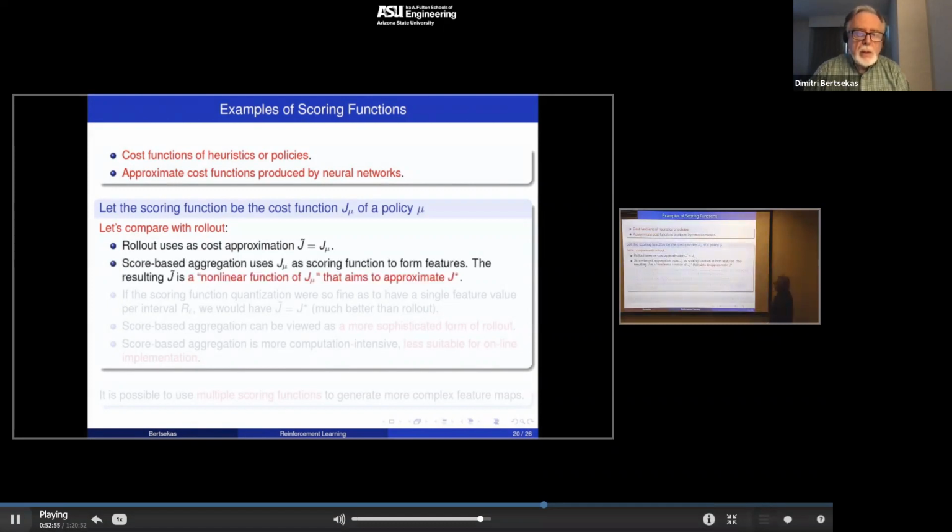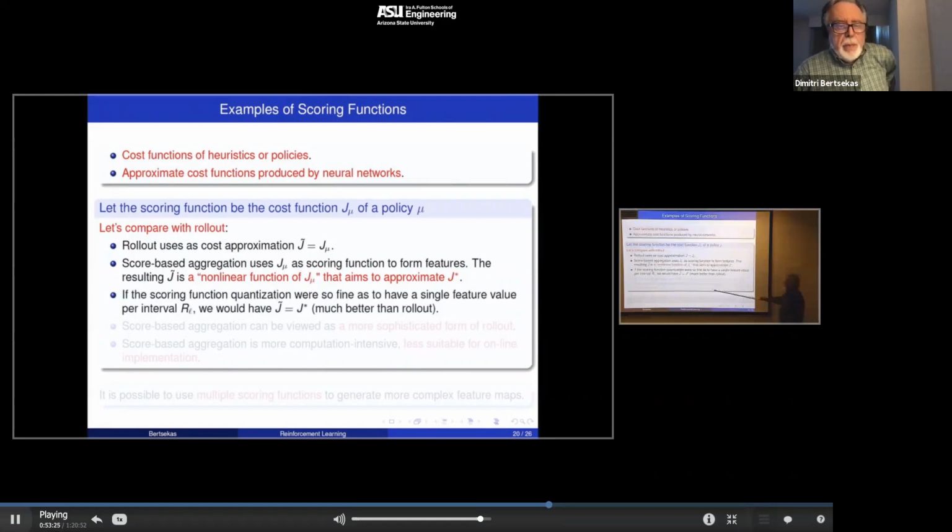Now suppose I use J mu as my scoring function to form features. Then the resulting J tilde is not J mu, but it's a nonlinear function of J mu that aims to approximate J star. In other words, aggregation goes for J star, not for an improvement of J mu. You see the difference? It has the potential to give you much more than the rollout approach.